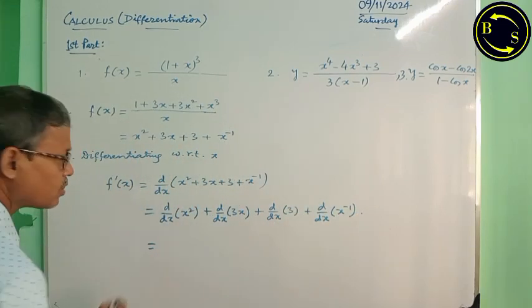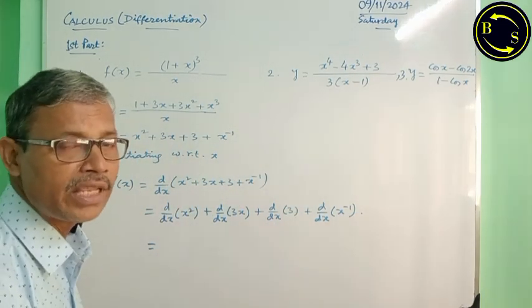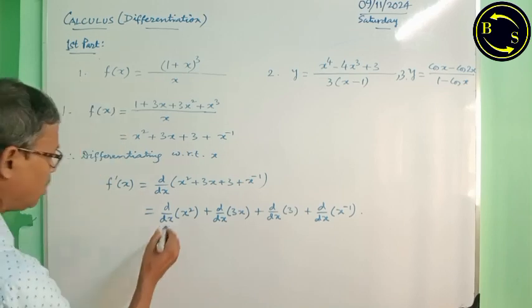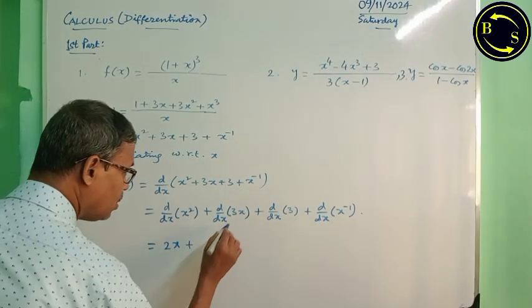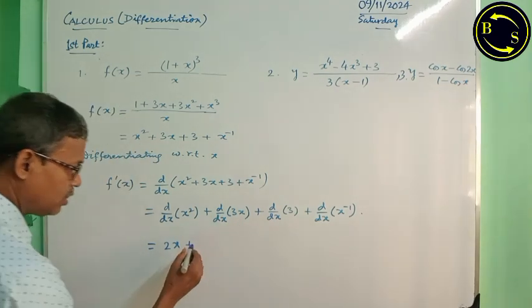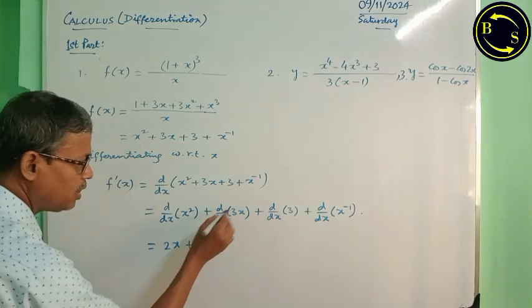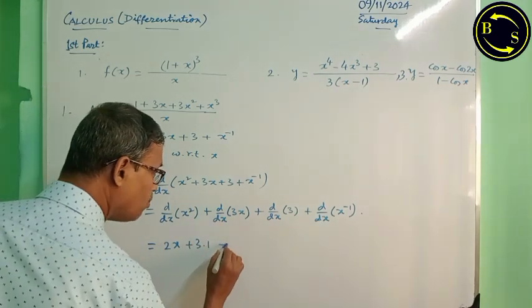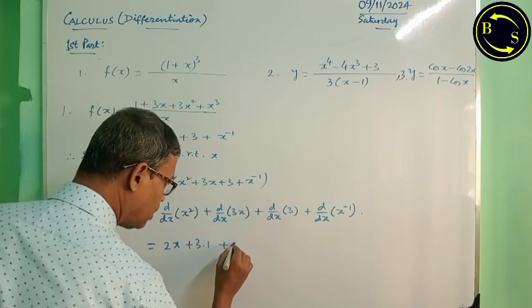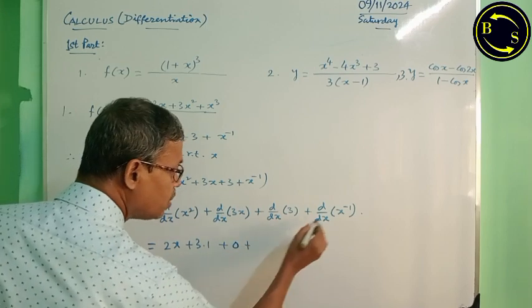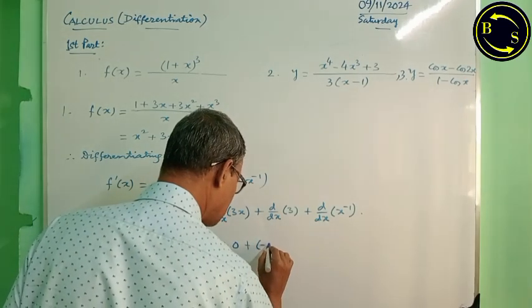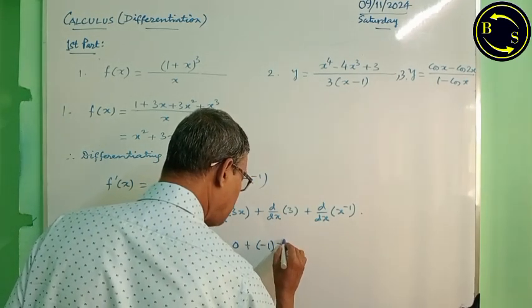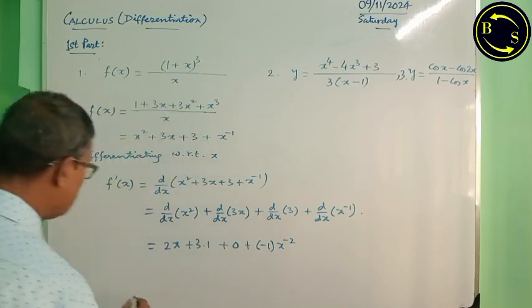This is d/dx of x to the power n form, that is n x to the power n minus 1. This will be 2x. Now 3 is constant, that is taken outside, into derivative of x, that is 1. Derivative of constant is 0. This is of the form x to the power n, therefore it will be minus 1 x to the power minus 2.